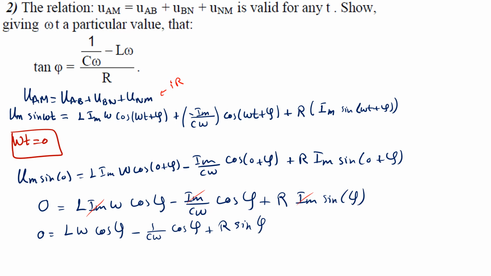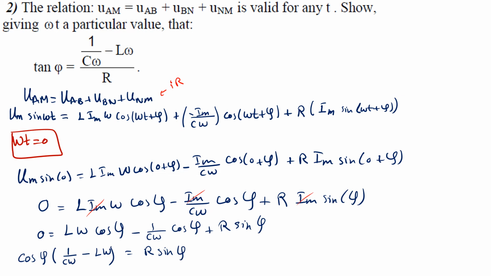I will take cosine phi as a common factor and move them to the other side, so it will be cosine phi into 1 over c omega minus L omega is equal to R sine phi.